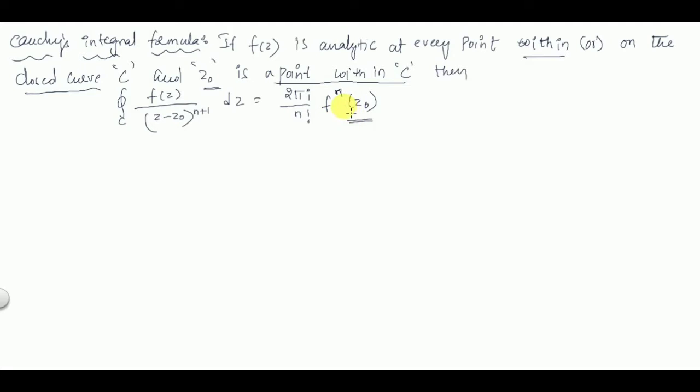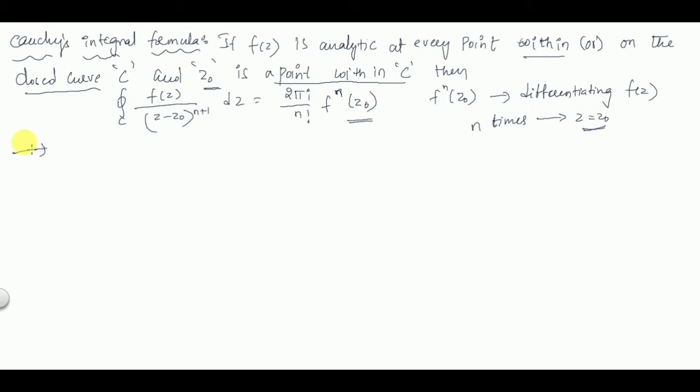Okay, so f power n of z0 means differentiating f of z n times and substituting z is equal to z0. At last you have to substitute z is equal to z0. So this is about Cauchy's integral formula.